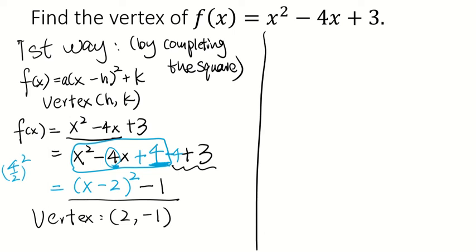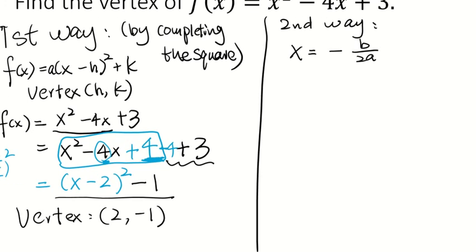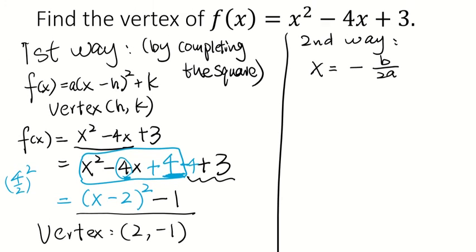Okay, second way is a little bit easier, but you have to remember something, which is to find the x coordinate of the vertex, you will use negative b over 2a. Okay, so let's plug in the numbers.